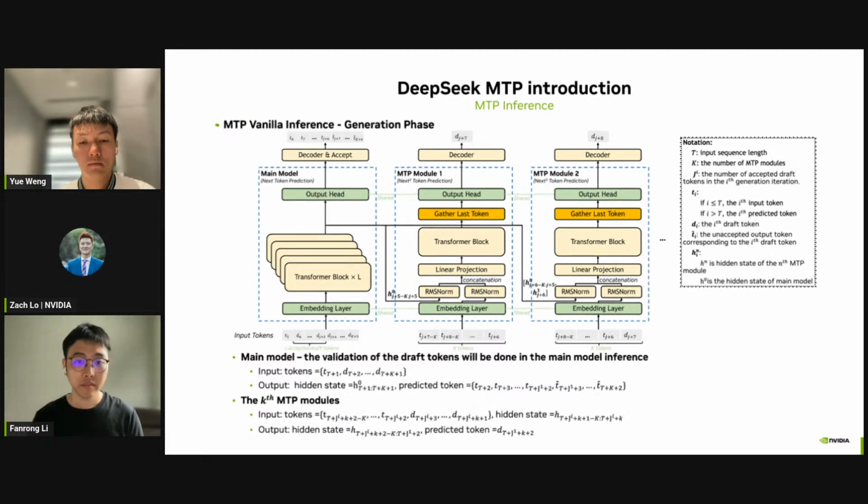For the generation phase, we will input the golden token T5 and all of the draft tokens to the main model, and we will get the output tokens and their corresponding hidden states. Then we compare the output tokens with the draft tokens. We need to do the verification, to check which draft tokens can be accepted and which draft tokens we need to drop.